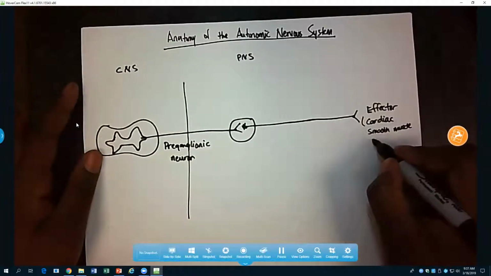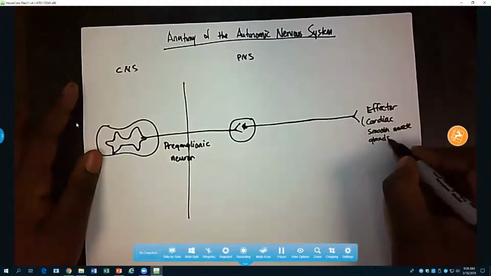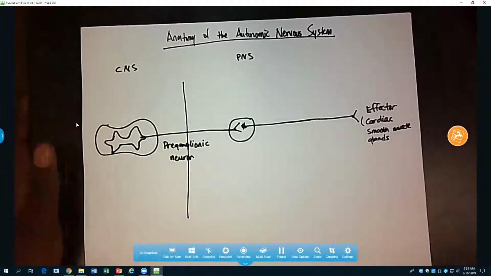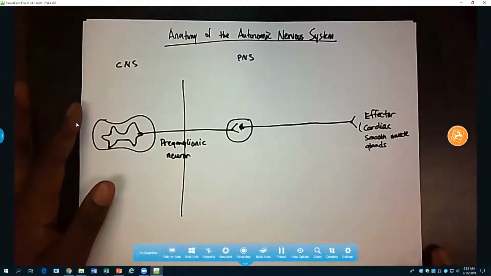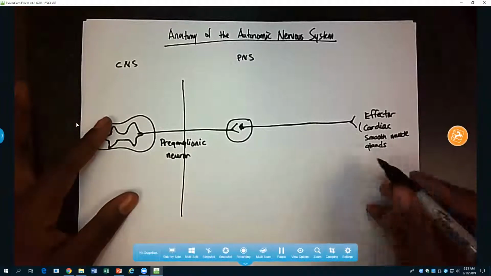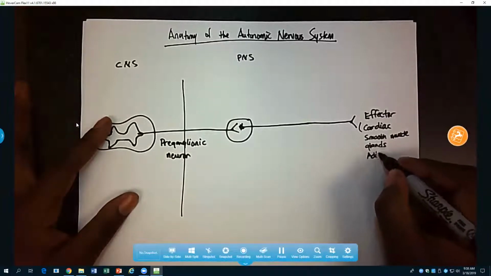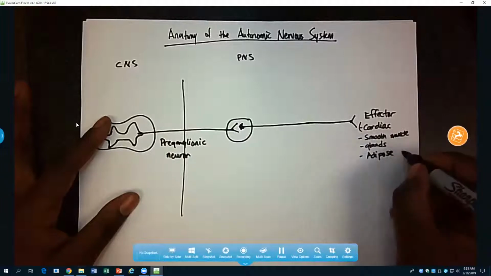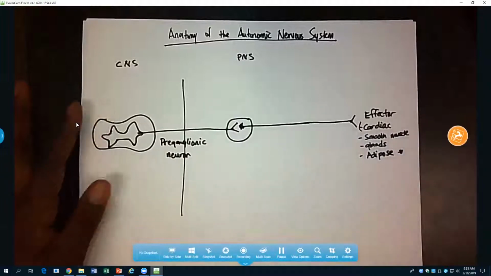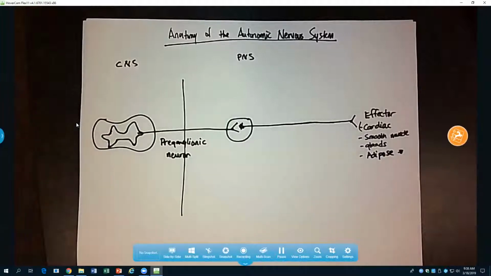This can also be glandular tissue, so your glands, your salivary glands, your pancreas, your liver, these are all glandular tissue which are under the influence of the autonomic nervous system. And then finally, adipose tissue or fat, right? Adipose tissue, as we'll see, is specifically with the sympathetic. There's no parasympathetic innervation to the adipose tissue, all right?